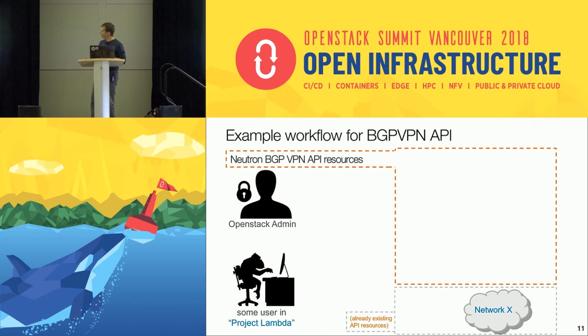So when you use the BGP VPN API, you have a very typical workflow here. You have to keep in mind that these BGP VPNs are not like your IPsec VPN for corporate or personal use, or OpenSSL VPN.